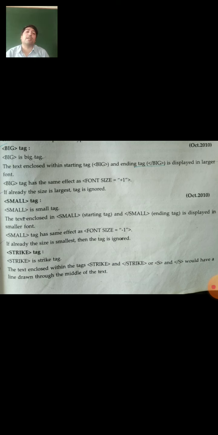Strike tag is the tag which will be useful to give the strike-through effect to the text. If we write the text within the strike tag, it will display the text with the strike effect, as a line drawn in the middle of the text, shown over the web page as a cancelled word.